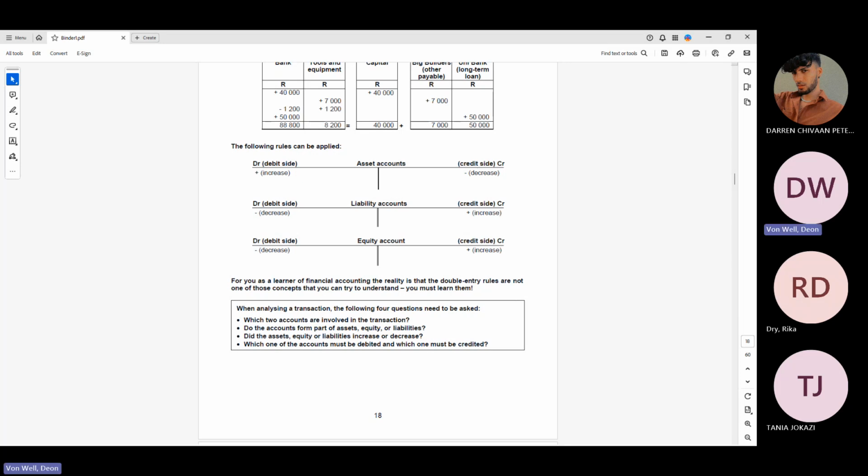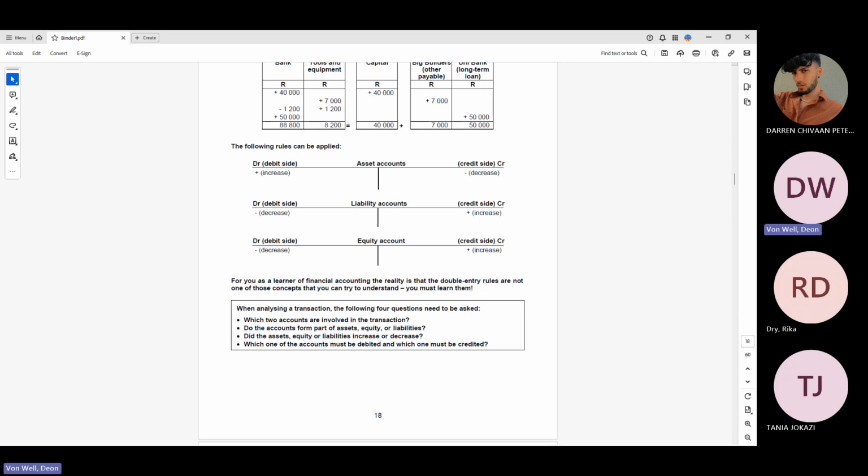If you know it, you will see accounting is not as difficult as people say. It's just you need to practice, practice, and practice. You need to know these rules. And then sometimes there are exceptions on rules, but first learn the rules. And this is where we're going to start learning the rules.